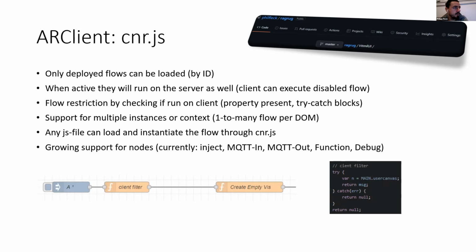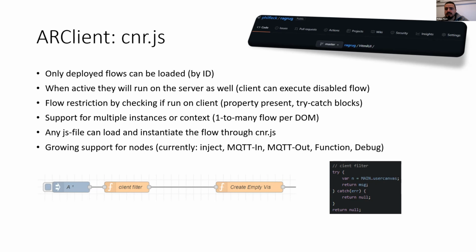Yeah, and following with the client-side interpretation, for example, you can write a flow in Node-RED, which will execute simultaneously on a server, but also on the client. And there you might want to do some sort of routing of your content. So you can write, for example, a filter very simply and just check if some feature in the client is there, and the messages will be passed that way.